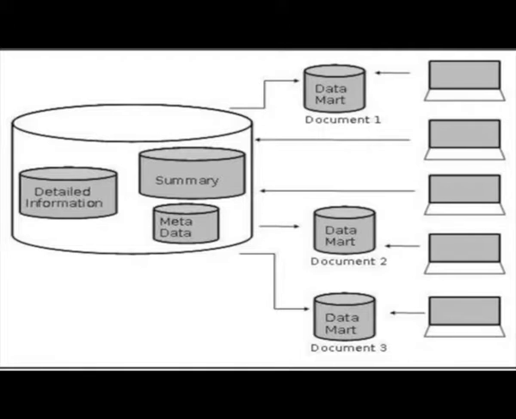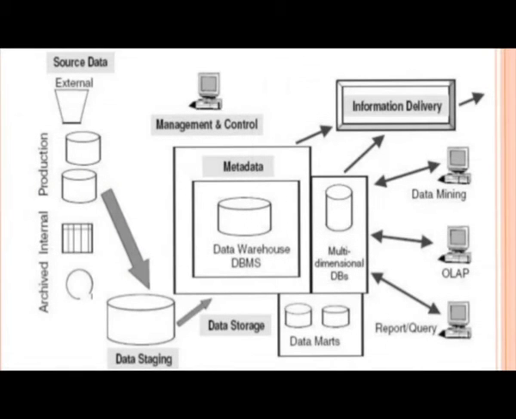The process of gathering, cleaning and integrating data from various sources, usually from long-term existing operational systems, is done in part for each environment. The operational systems are frequently re-examined as new decision support requirements emerge. Often, new requirements require gathering, cleaning and integrating new data from data marts, which is tailored for instant access by users.